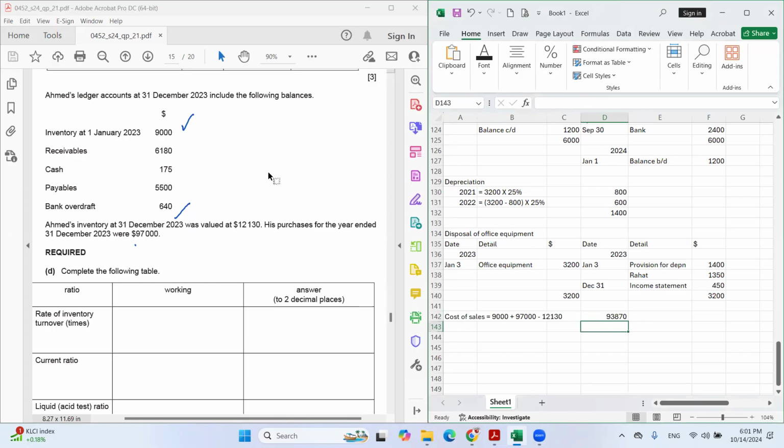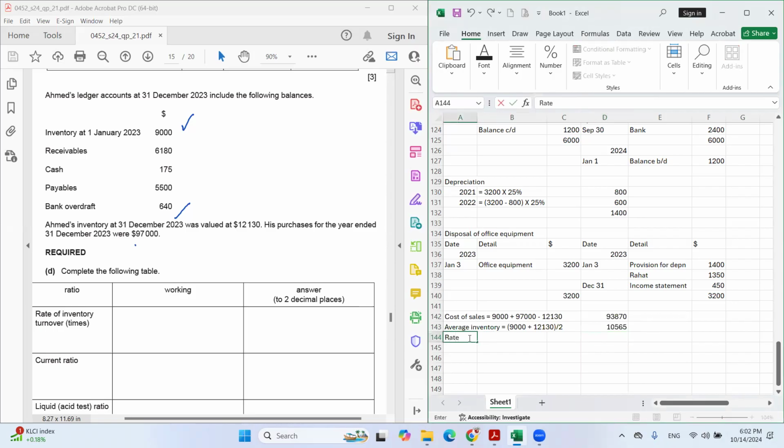This is the net for the cost of sales. And then we also need to know the average inventory. How to calculate average inventory? Take the opening inventory, 9,000 plus 12,130, divided by 2. So this is the average inventory.